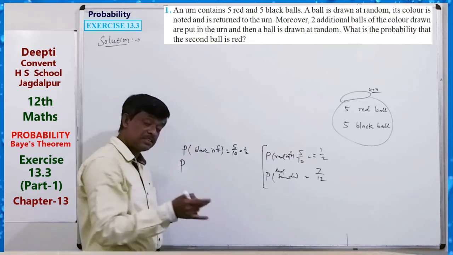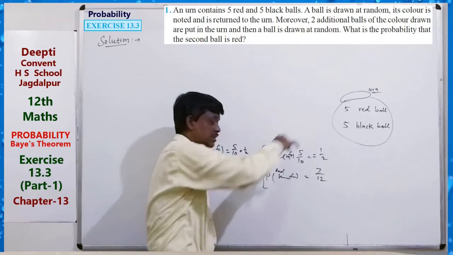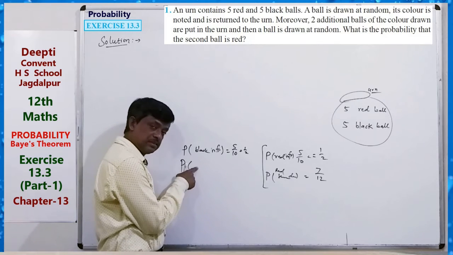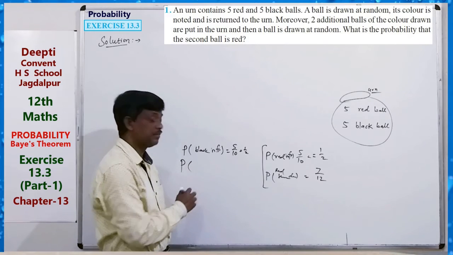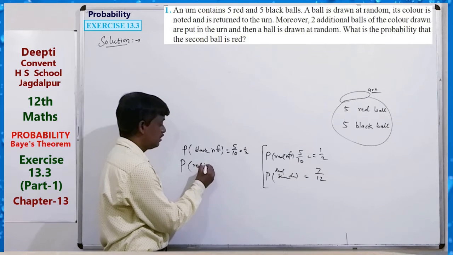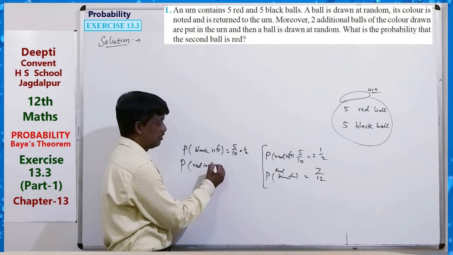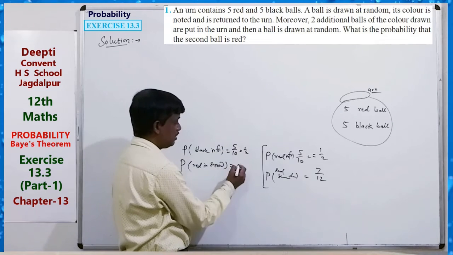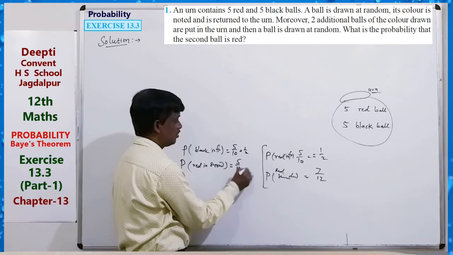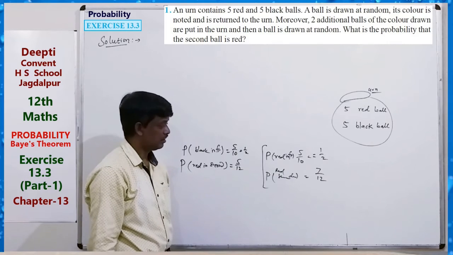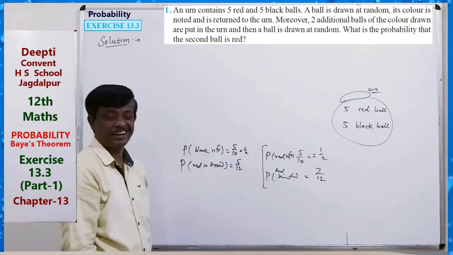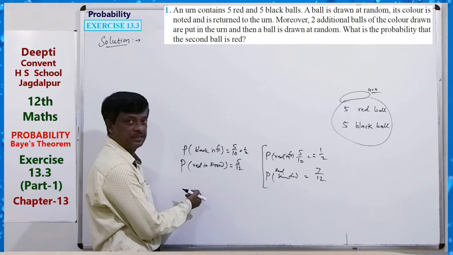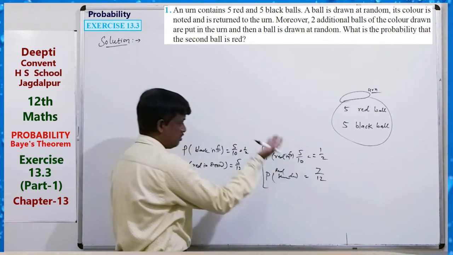And in this case, 2 black balls are also added here, so 7 black balls are there. In the second draw, the probability of getting red is 5 by 12, because 5 balls are red and 7 are black.